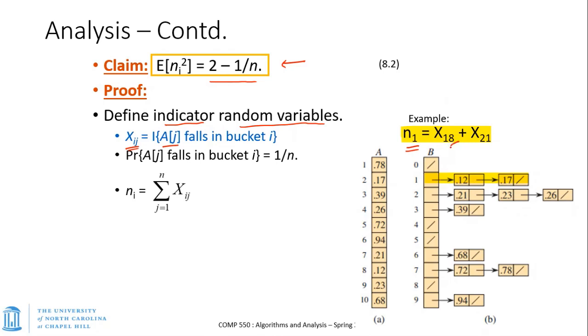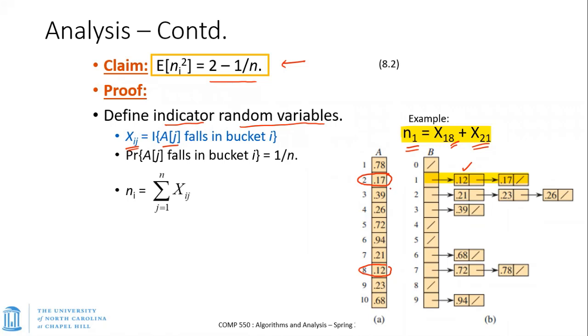These correspond to A8, which has a value that is going to fall into bucket 1, and A2, which has a value of 0.17. So these are the two numbers which will eventually fall into bucket 1. So A8 and A2 will fall into bucket 1, and that's how you're defining x_ij.